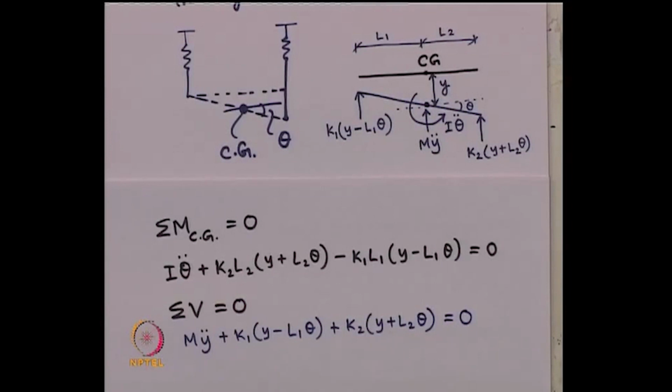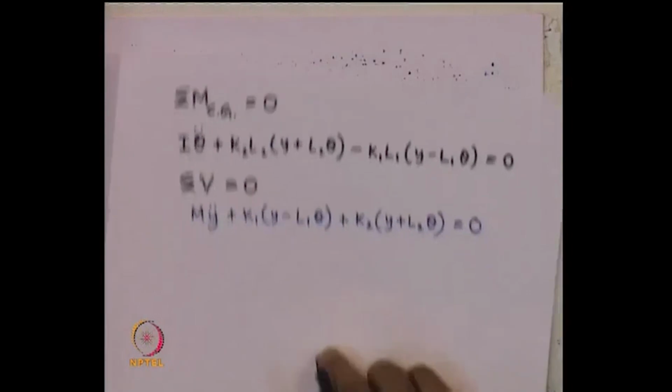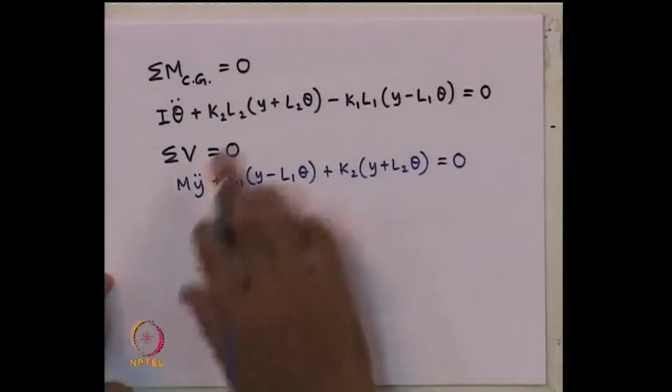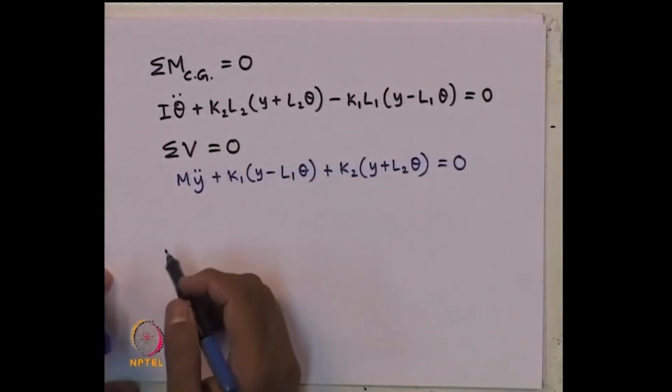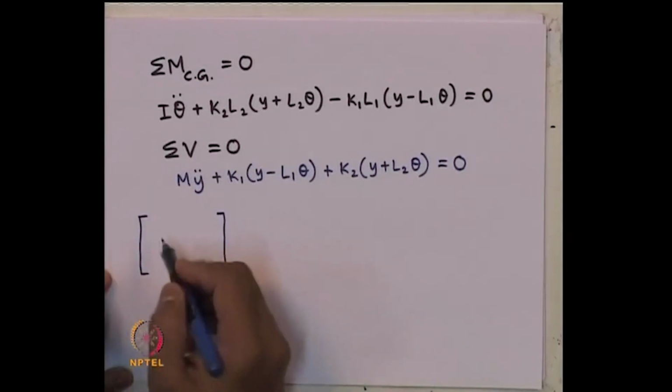So, these two equations we got can help us get the 2 degrees of freedom solution, that is in terms of y and theta. Those are the 2 degrees of freedom, right? Vertical displacement and rotation.